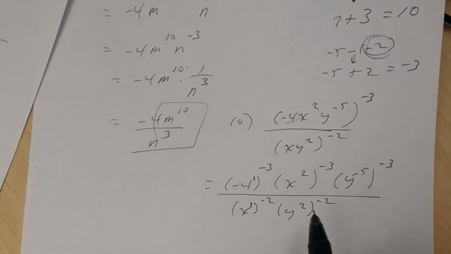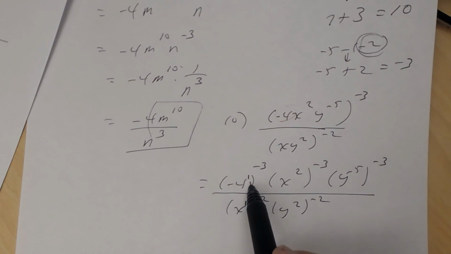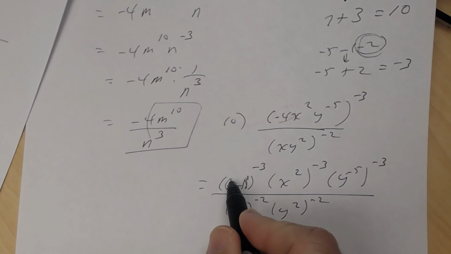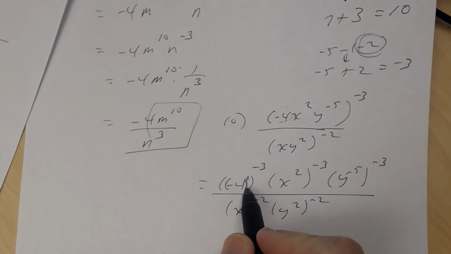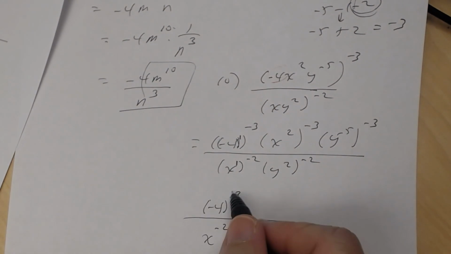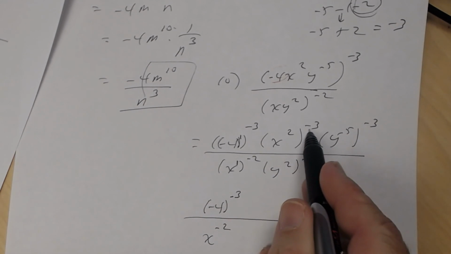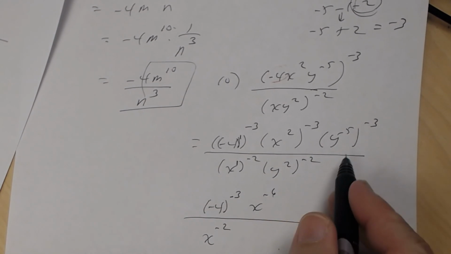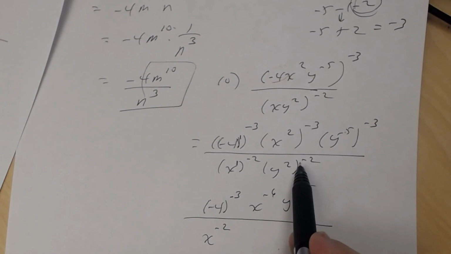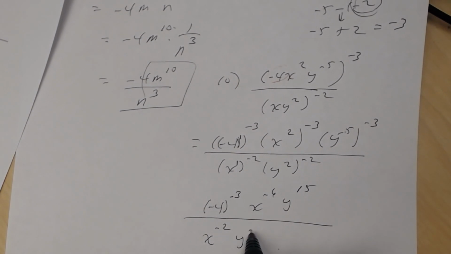So that's negative 4 to that 1 power, and then 1 times negative 3 is negative 3. So you're saying negative 4 to the negative 3rd power. Okay. All right, and then that'll be easier to deal with. Here, 2 times negative 3 is negative 6, and then negative 5 times negative 3 is positive 15. Here, 2 times negative 2 is negative 4.